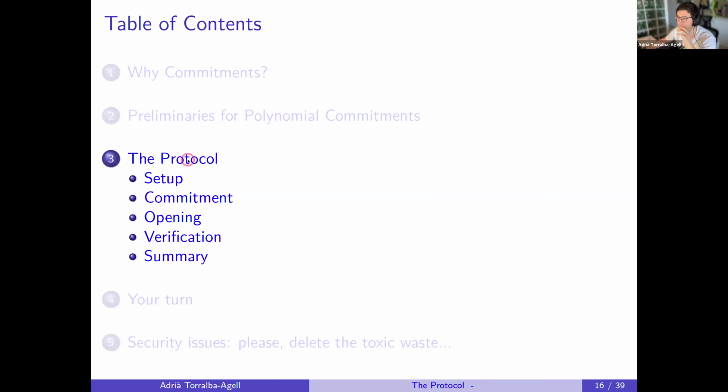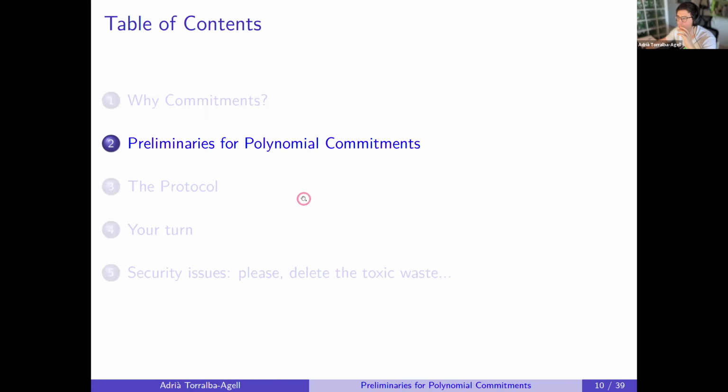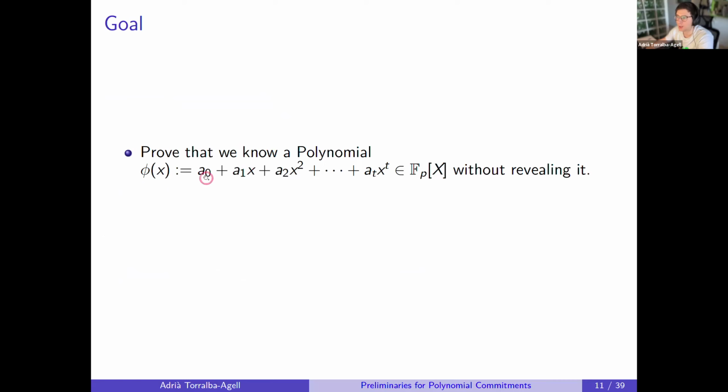A0, A1, A2, all the way along until AT, these are elements from the field. I thought I was referring to AB exponent in the pairing. Okay.